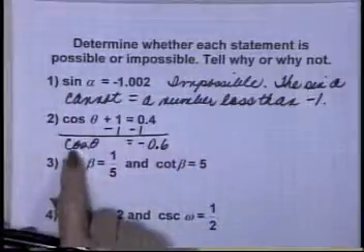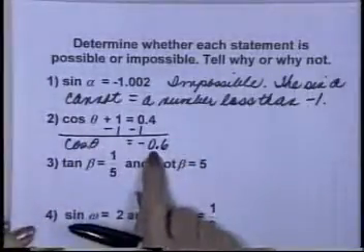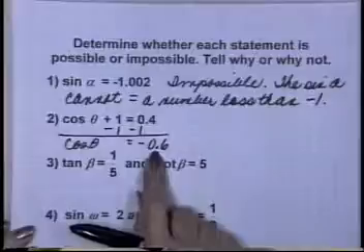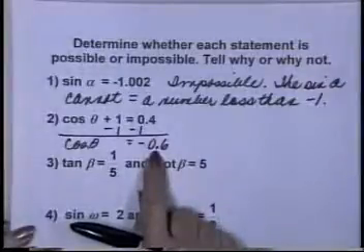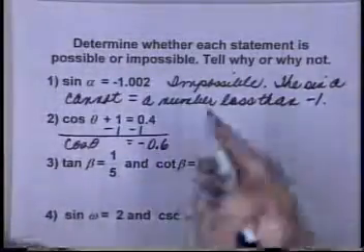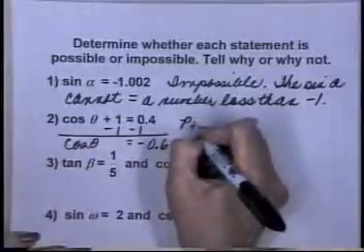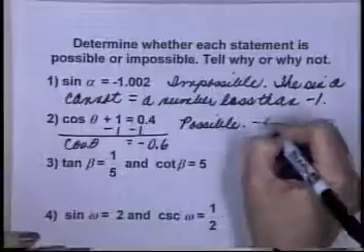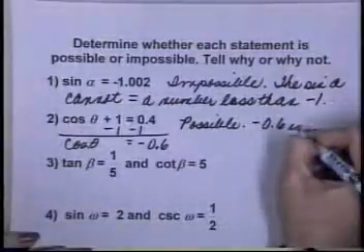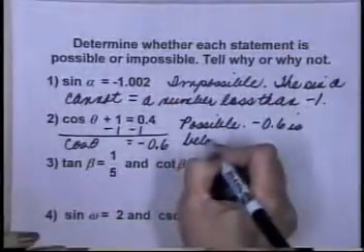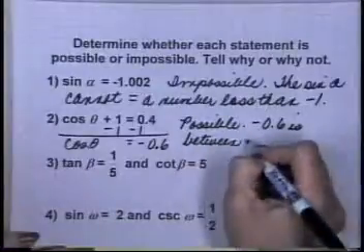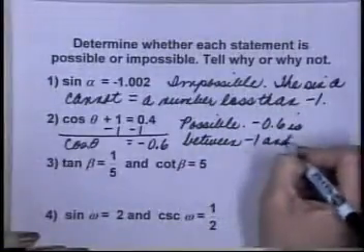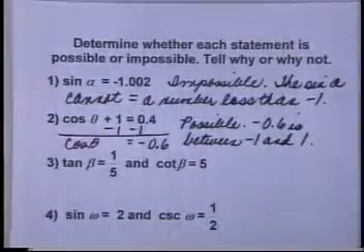So the question is, can the cosine of theta equal a negative 6/10? Well, is that a number between negative 1 and 1? Yes, it is. So that is possible. Negative 6/10 is between negative 1 and 1.